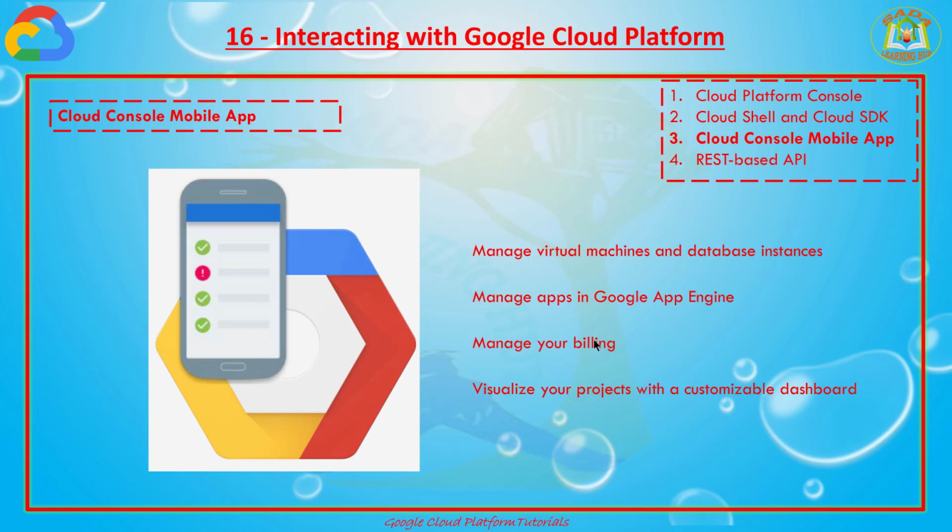The mobile apps also offer alerts and incident management. The Google Cloud Console mobile app is available in the Google Play Store and also from the iOS App Store. We can manage virtual machines and databases, manage apps in Google App Engine, manage our billing, and visualize our projects with customized dashboards.